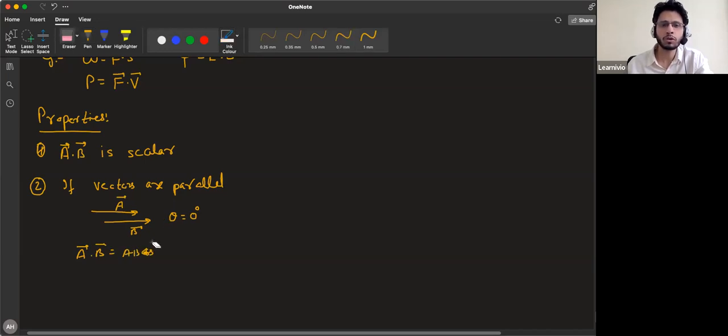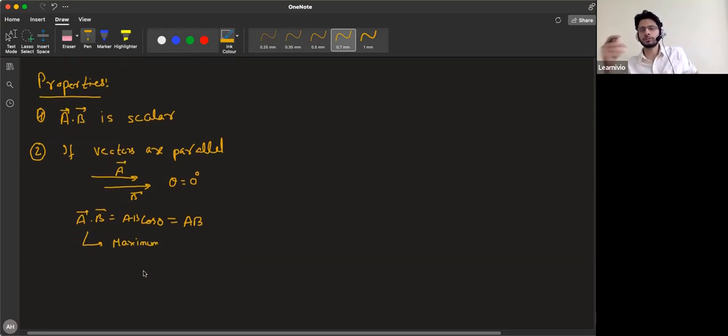So how much is cos 0? Cos 0 is 1. So it will be AB. So if vectors are parallel, then you can say dot product is maximum. Sometimes they do not tell you about the direction. They just tell you the given vectors are parallel. If they are parallel, that means dot product will be maximum.